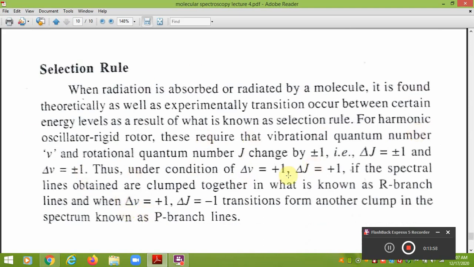Simply, delta J equal to plus minus 1, and delta V is also equal to plus minus 1. So under this condition, delta V is equal to plus 1 and delta J is equal to plus 1.